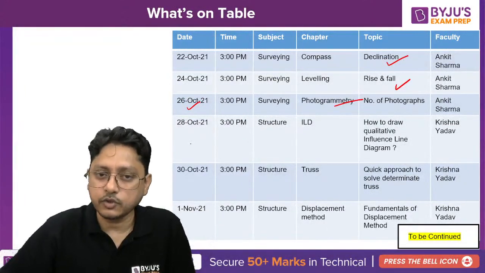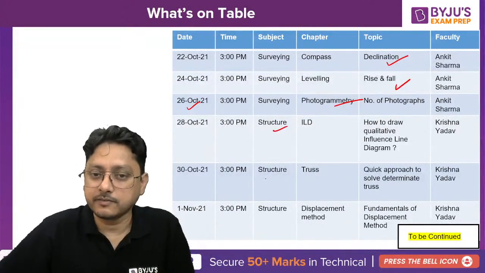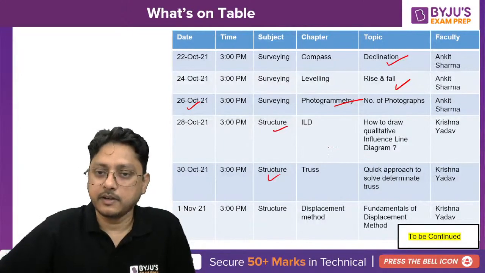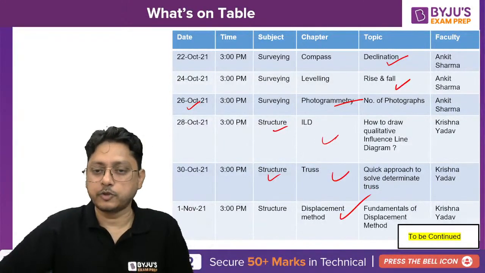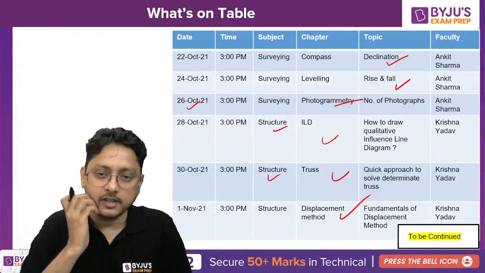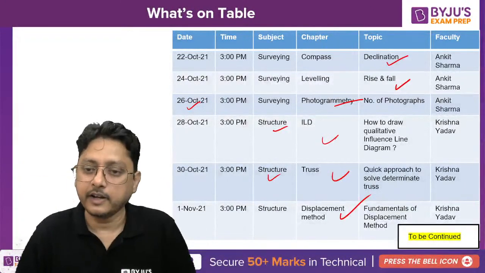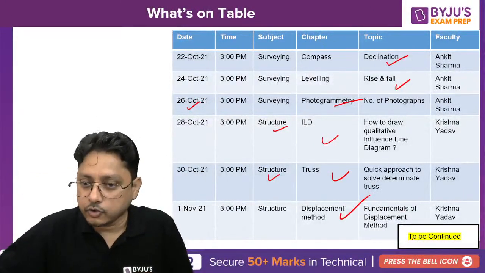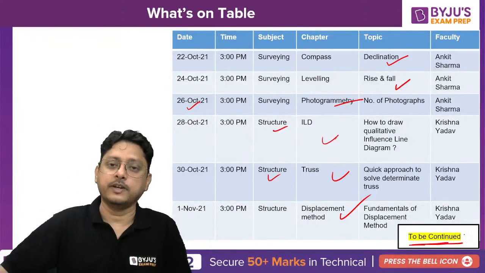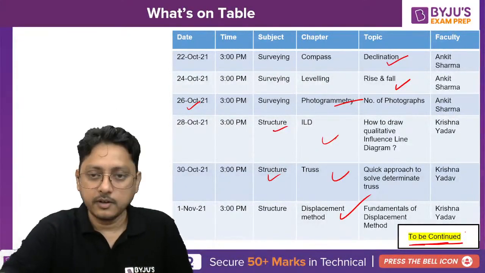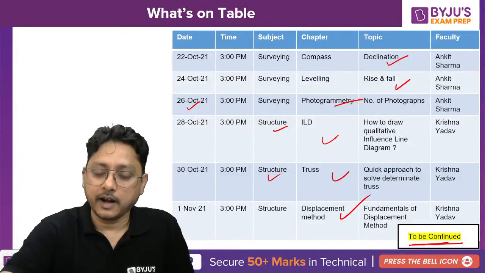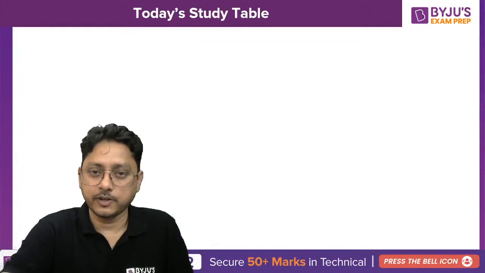Then the structure classes will be conducted by Krishna sir for the ILD, truss and displacement method. This series is not going to stop here. It will continue, and soil mechanics and all other subjects will be covered. So attend the classes continuously, and you will get the benefit from this series.